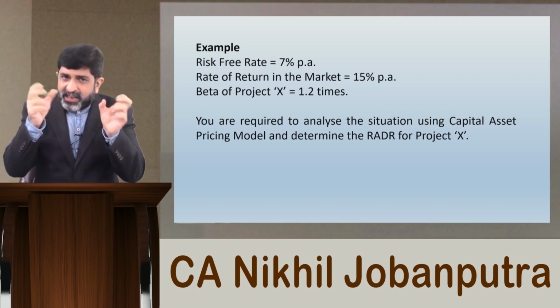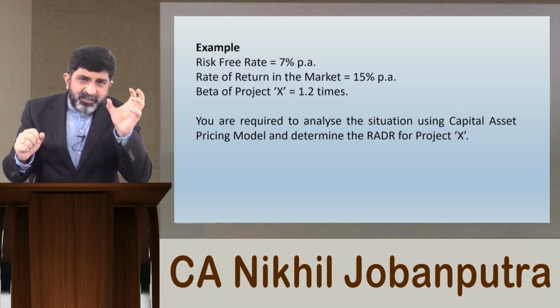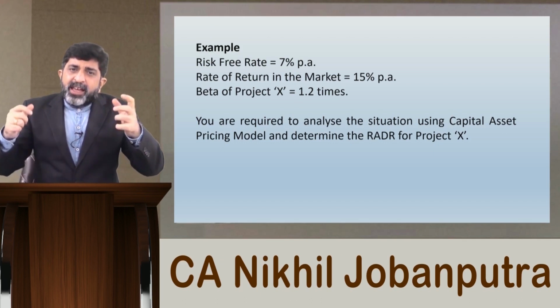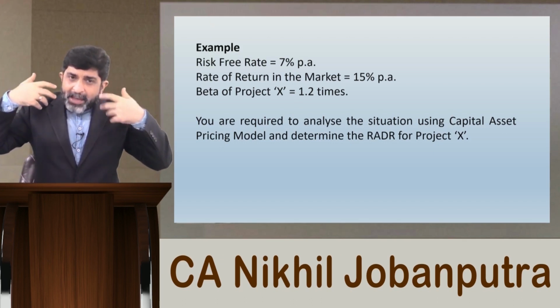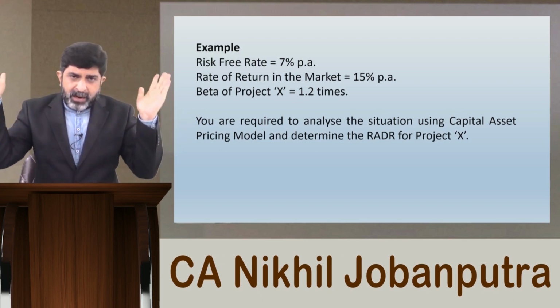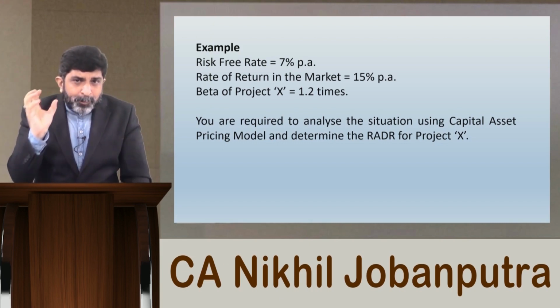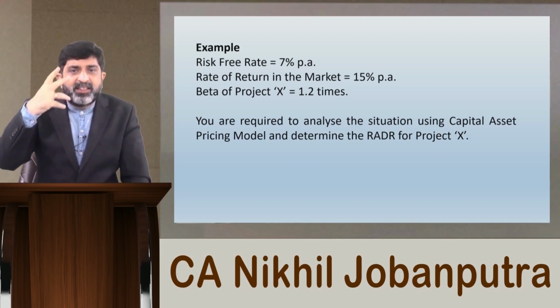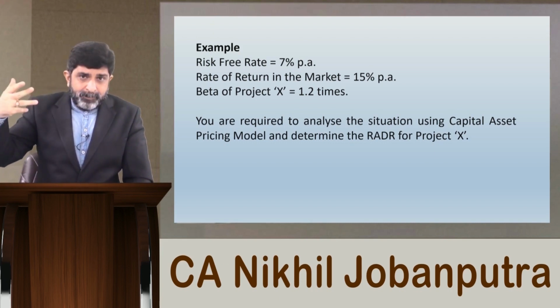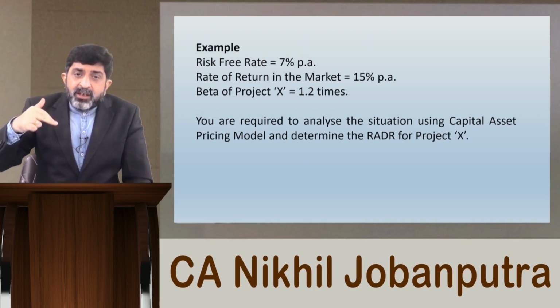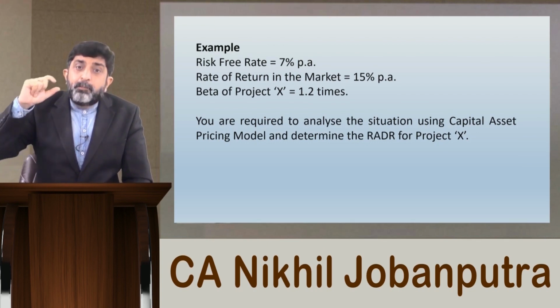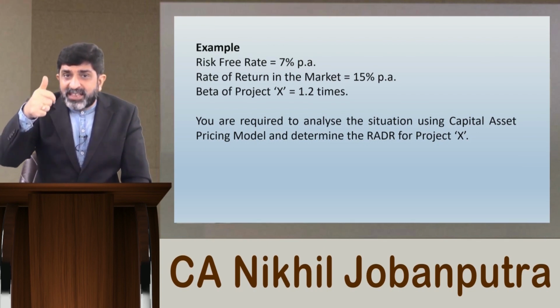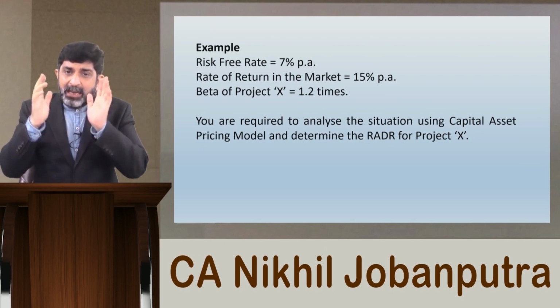So 7 plus 8. This 7%, the risk-free rate, is commonly applicable for everyone, me, you, everyone. But that 8%, the risk premium, which is the reward for taking the risk, will vary from entity to entity depending upon the type of risk they take and the beta applicable.